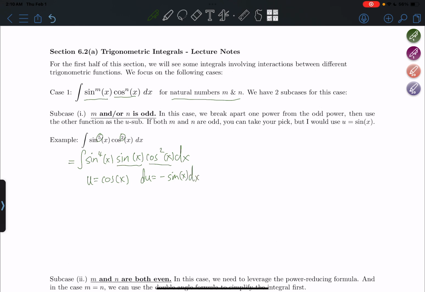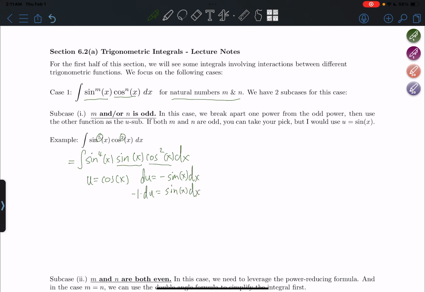So again, if you choose cosine for u, then you have to be careful of that negative, right? So multiplying that negative on both sides, we get negative 1 times du equals sine of x dx.